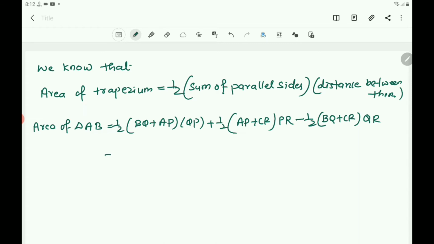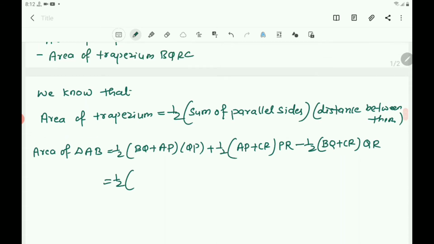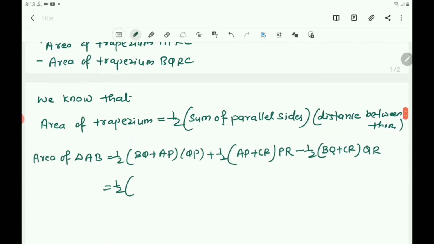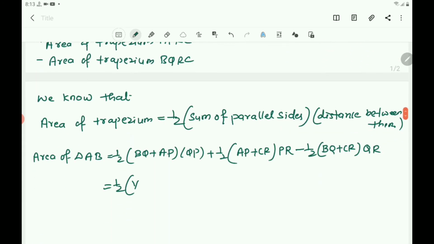Then you write half into (BQ plus AP) into PQ. BQ is y2 and AP is y1, so you take y2 plus y1.